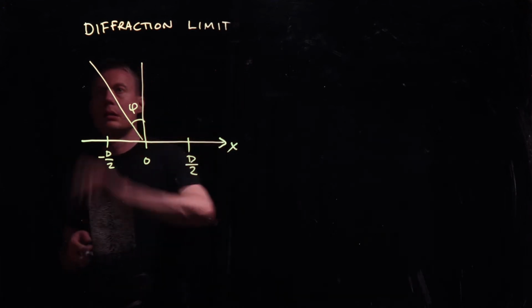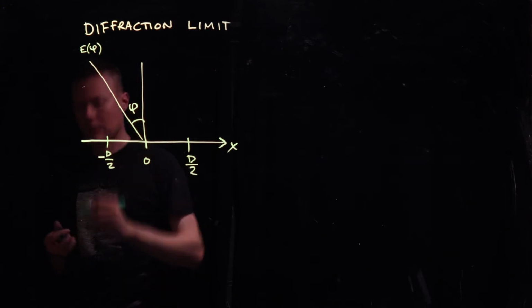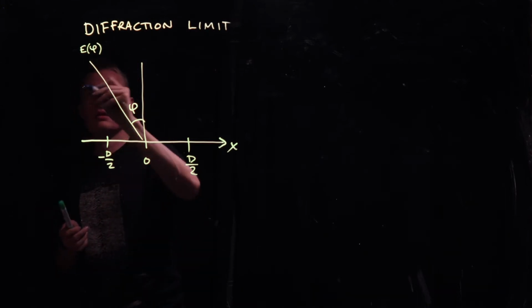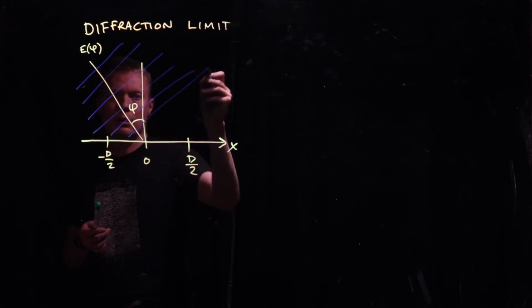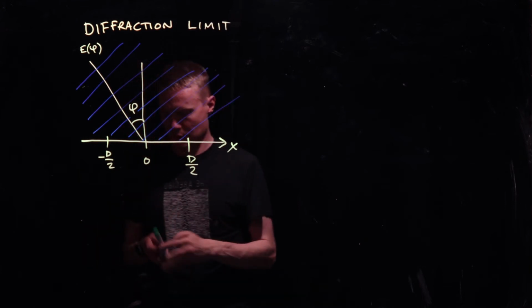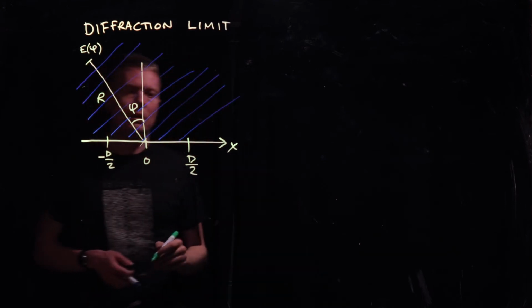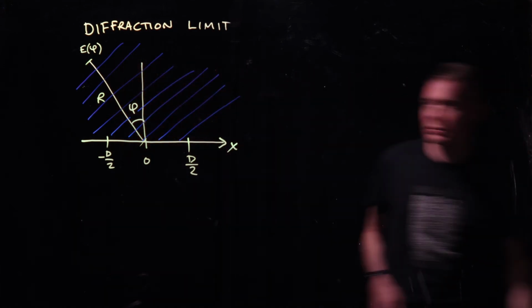I'm going to model light using the electric field of an electromagnetic wave coming from angle phi. The incoming electromagnetic wave is modeled using a plane wave. The blue lines indicate regions of constant phase. Now let's define distance r from the light source to the center of the aperture.